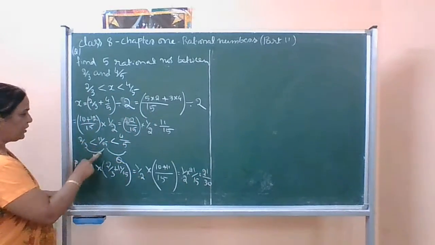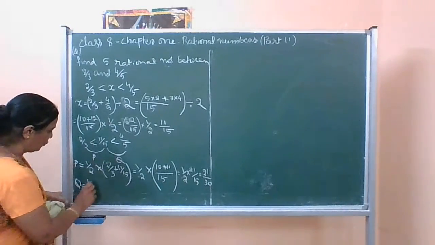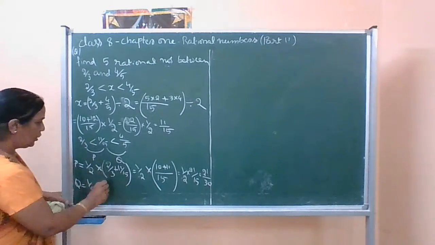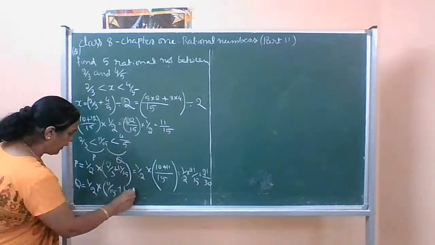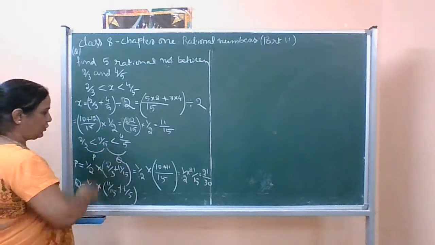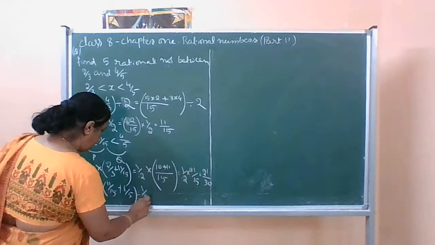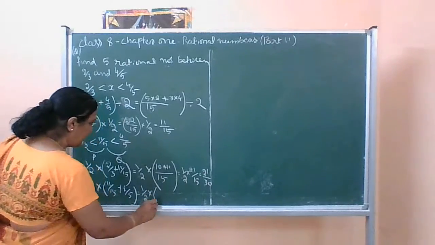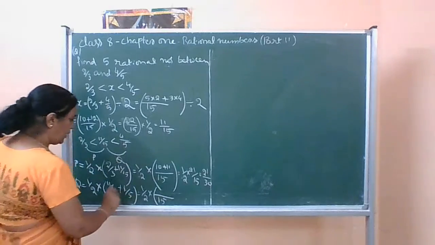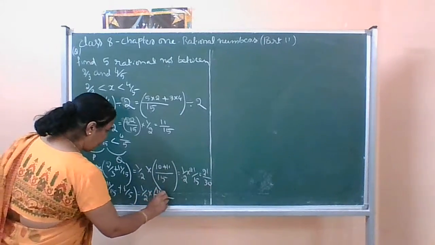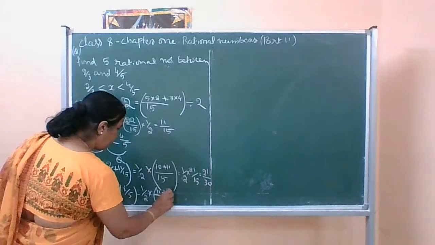Now in between these two you got 21 by 30. Next is Q. Half into 11 by 15 plus 4 by 5. You have to add these two and divide it by 2, that is half into, and here LCM is again 15, 3 and 5, and then 15 ones are 1 into 11 plus 5 3s are 3 4s are 12.